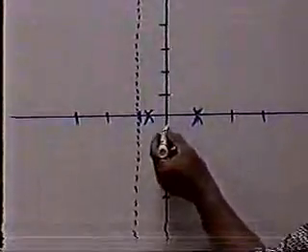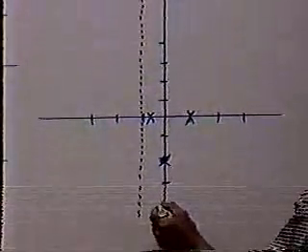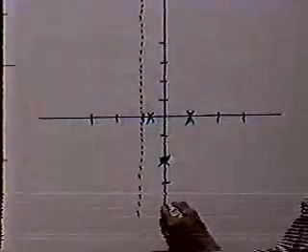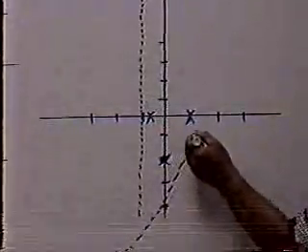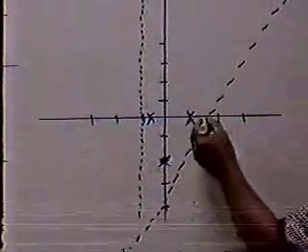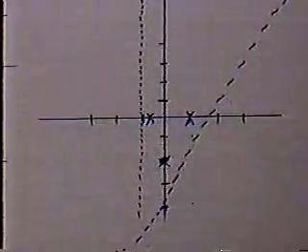If x is 0, y is minus 4. So we come down here at minus 4. Slope is 3, so that means over 1, up 3. So what we get then is a dotted line like this. We get a slant asymptote.